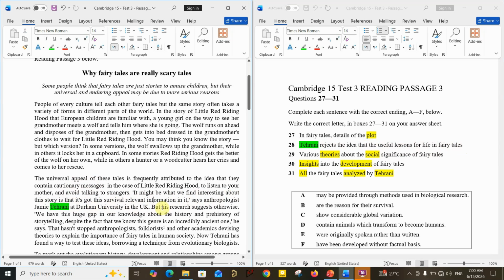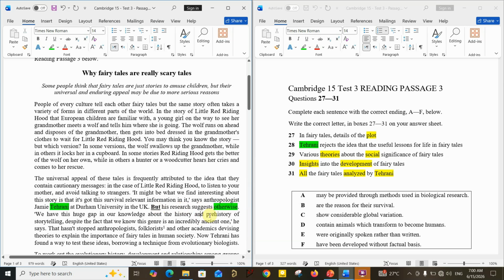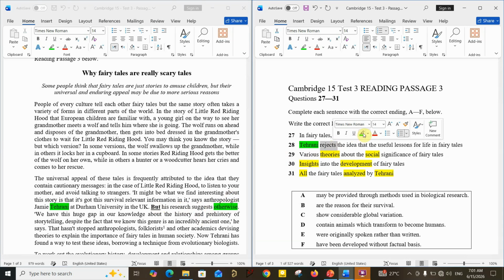But important vocabulary, I told you, but his research suggests otherwise. His research suggests otherwise. What does it mean? It means he rejects this idea. Rejects.